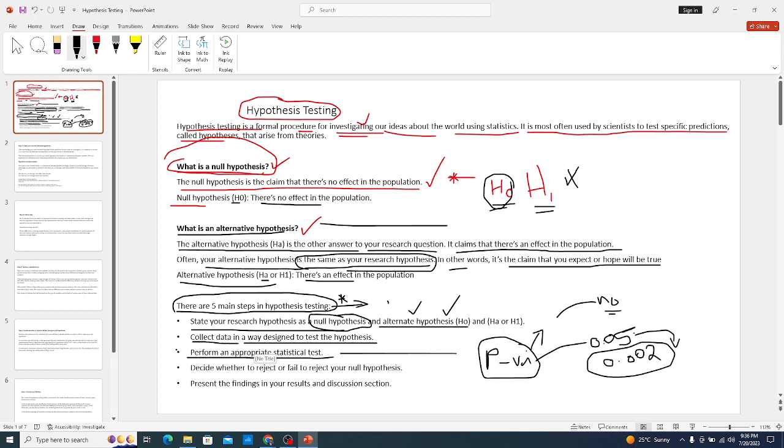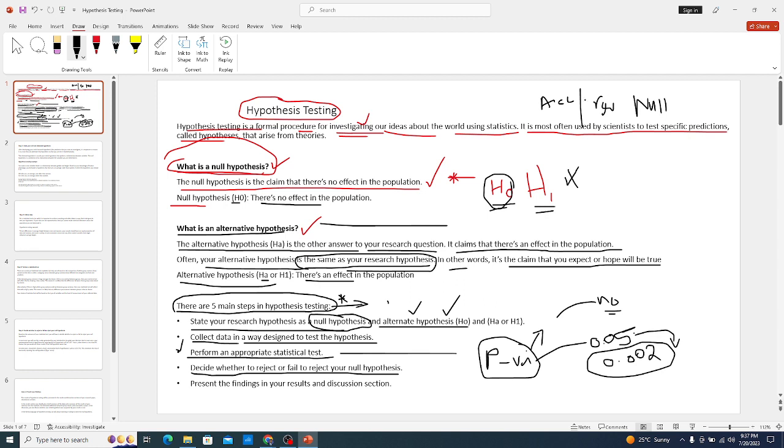We will also perform a statistical test. Then the following step will be to decide whether to reject or to fail to reject the null hypothesis. So in hypothesis testing, we either accept or reject the null hypothesis.